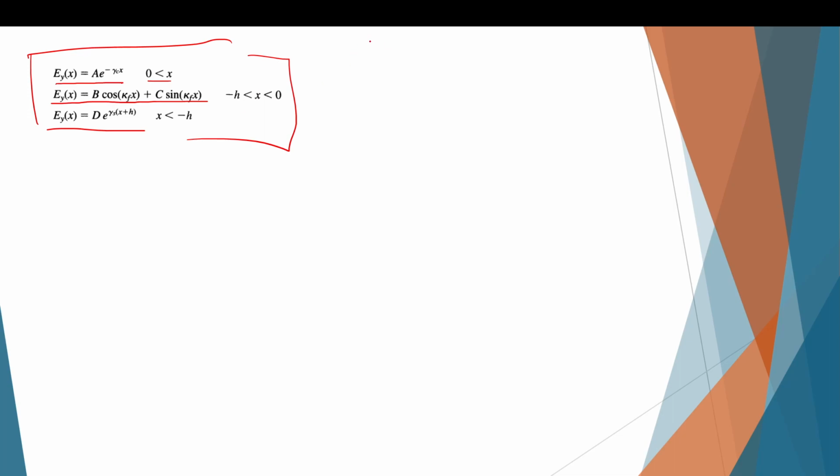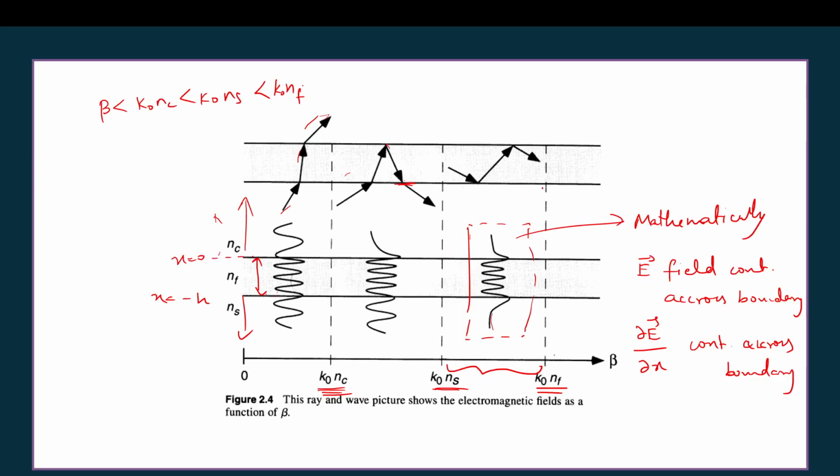The first boundary condition is at x equal to 0. At this boundary, the electric field from this equation should be the same as the one from this equation.